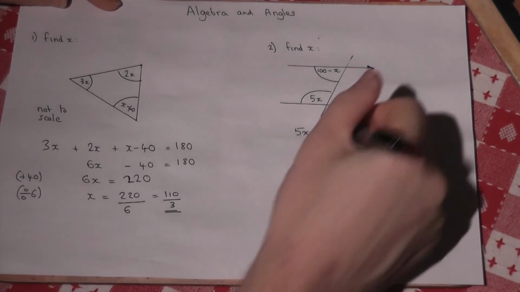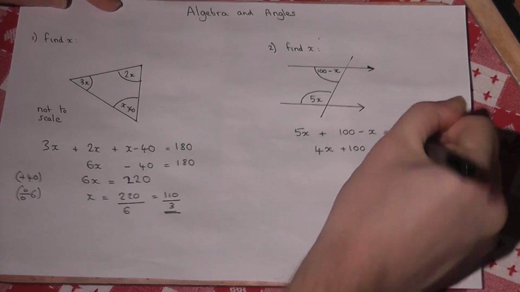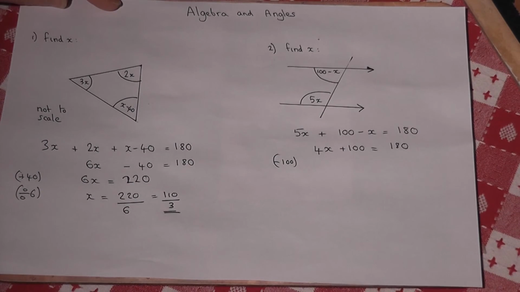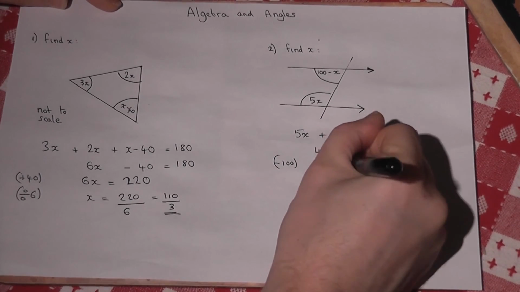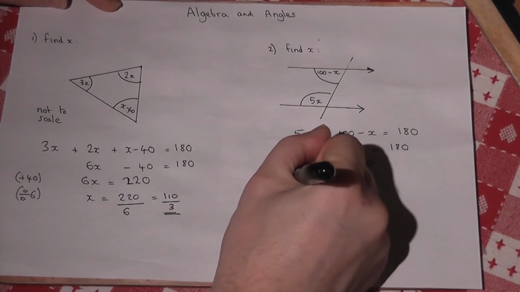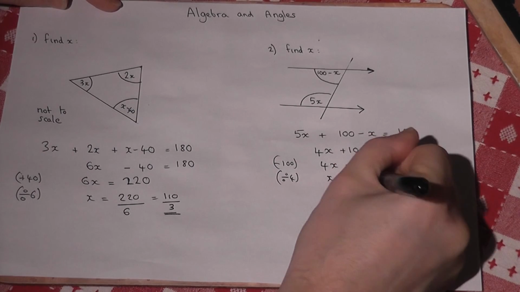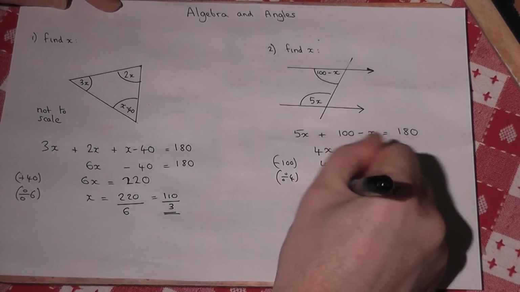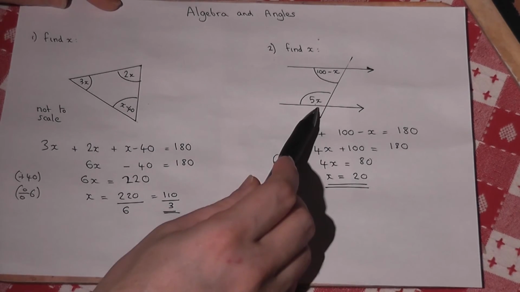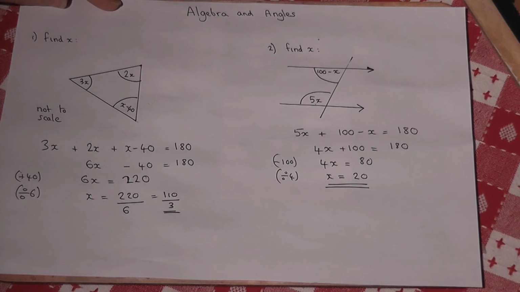So 4x plus 100 must equal 180. I therefore take 100. So 4x equals 80. And then divide by 4. So x is equal to 20. So this angle, 5 times 20 is 100. This one, 100, take away 20 is 80.